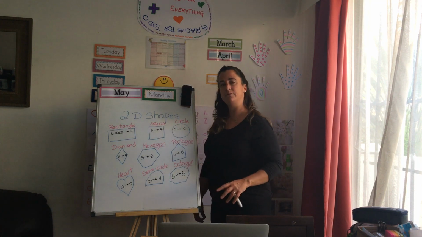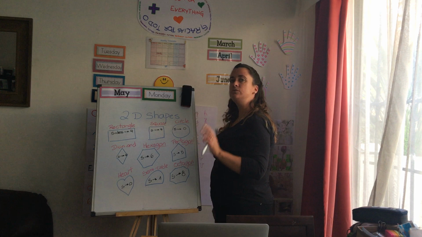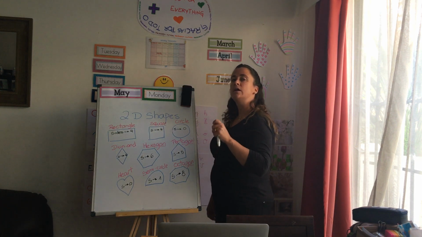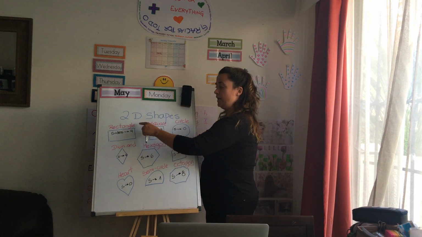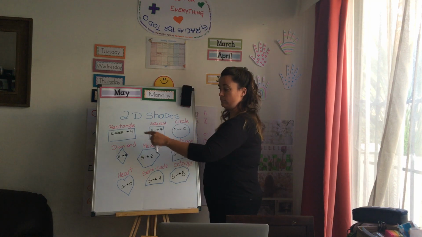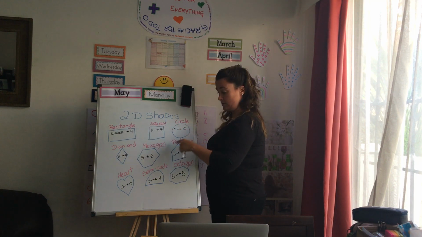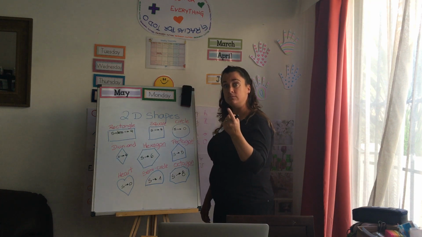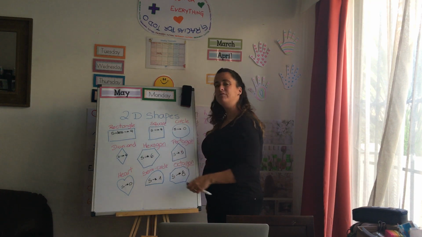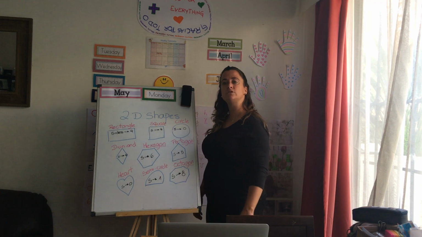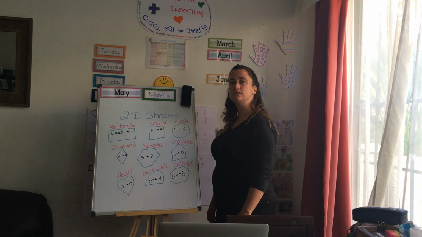Each 2D shape has a name. Yes, an image. I can see them. They have an image. And they have whatever amount of sides, right?